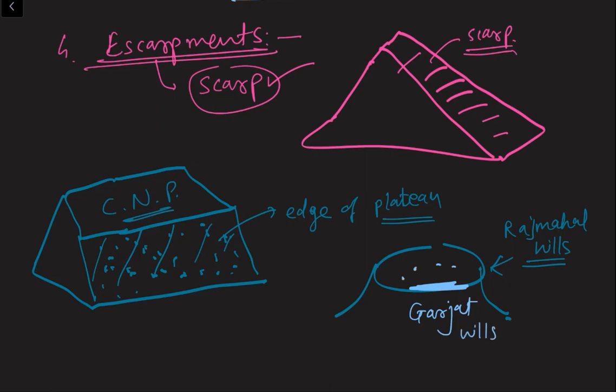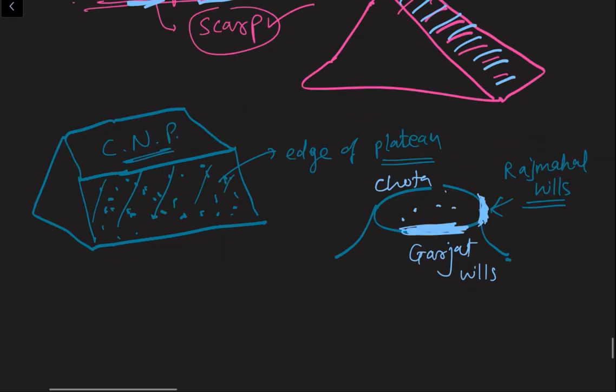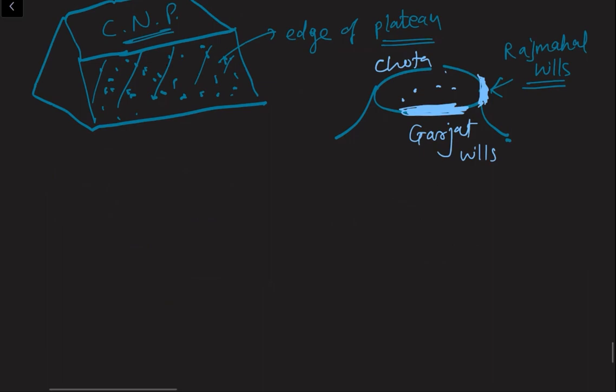So in Chota Nagpur plateau, these are the edges. These edges turn into escarpments. It's like a mountain. So these type of mountains are called escarpment type of mountains, or escarpments only.